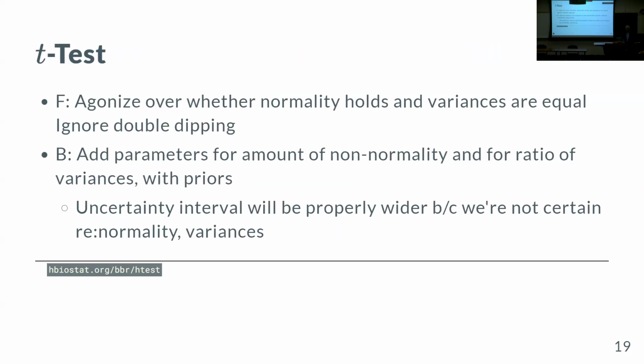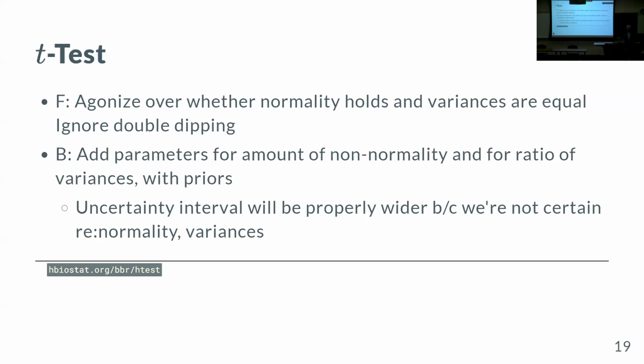The Bayesian t-test has a parameter for non-normality and a parameter for the variance ratio. You put priors on both of those. You may favor normality when the sample size is small and you don't know much. You may favor equivariance, but you have a prior distribution on the variance ratio, and you get exact posterior distributions and uncertainty intervals that are wider by exactly the correct amount.